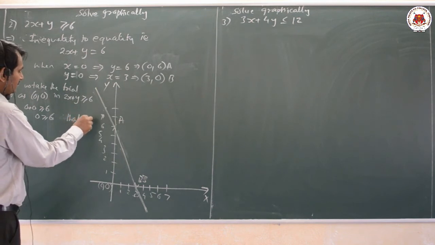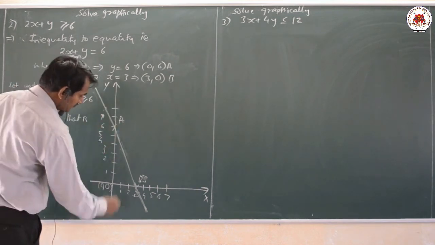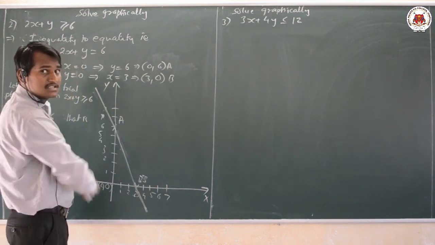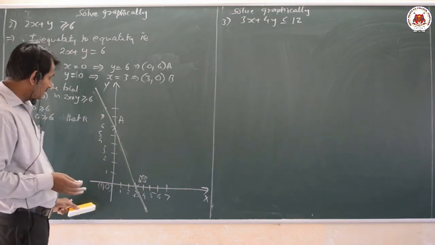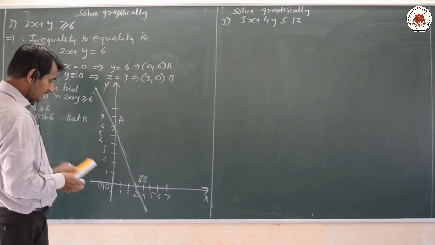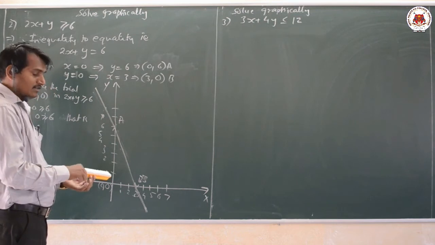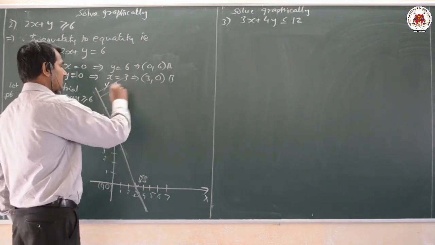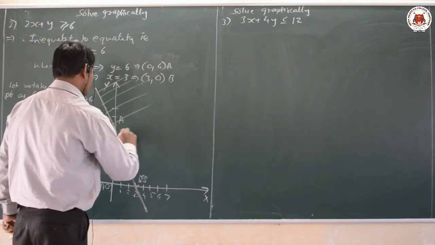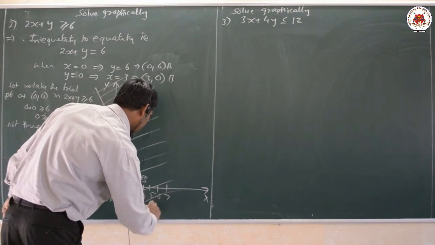Not true means this line divides the whole two-dimensional plane into two halves, and the point 0, 0 lies in one part, which is not our solution region. That means the region opposite to that is our required solution region.